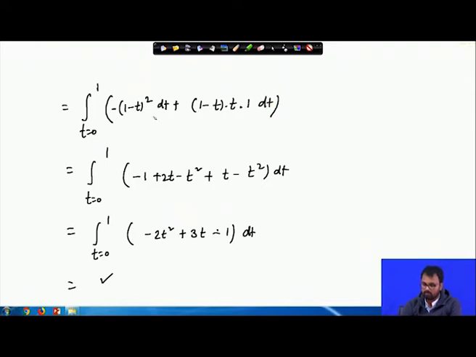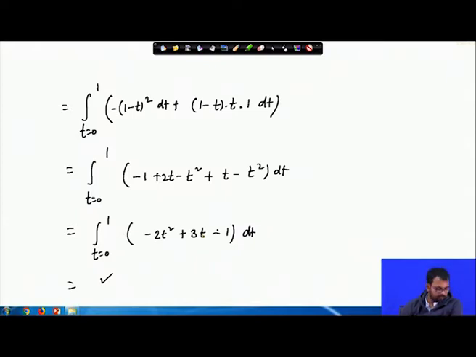Then we just expand this, so it's minus 1 plus 2t minus t squared, plus t minus t squared. If we integrate this whole thing, we'll obtain the required answer. So this is how we do the line integral for this type of problem.